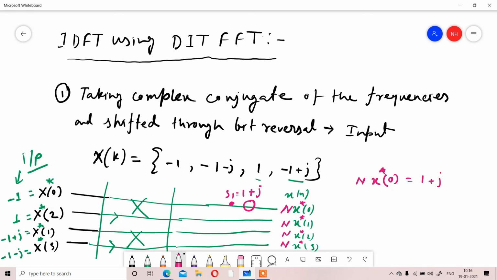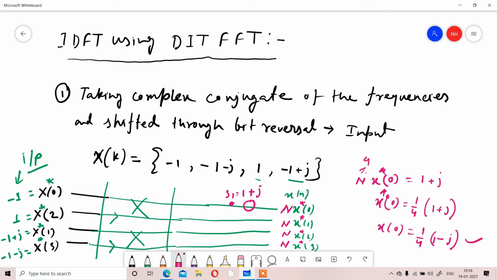Capital N value is 4, the number of samples. So here x0 star will be 1 by 4 times 1 plus j, and if we remove the star, x0 value will be 1 by 4 times 1 minus j. Okay, so that will be your x0.